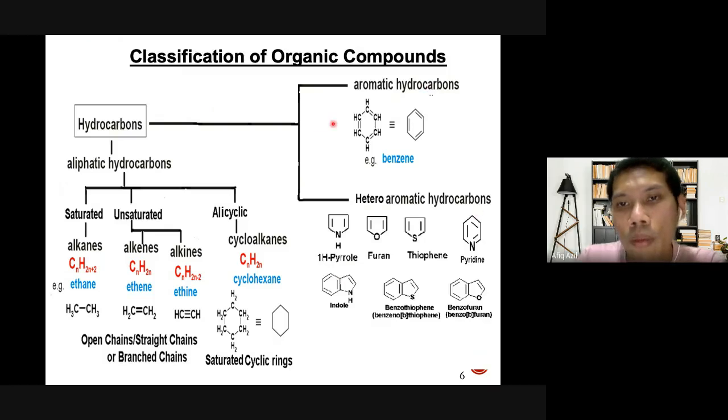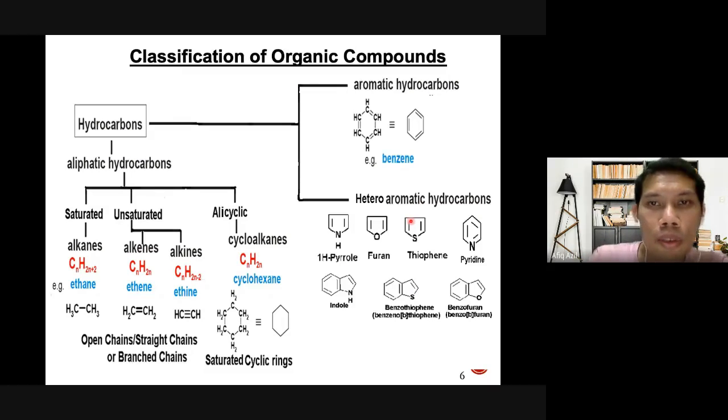This part, the aromatic hydrocarbon, mostly will be covered next semester in your Organic Chemistry 2.